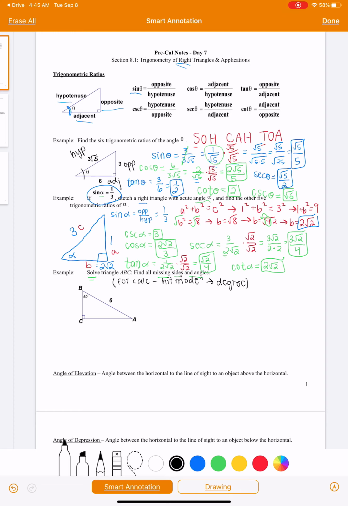Okay, so first of all, I'm going to go ahead and write down all the things that we're going to find. We're going to end up finding measure of angle A, measure of angle B, measure of angle C. We actually know measure of angle B, it's 60 degrees. And then we're going to find the side lengths a, b, c.